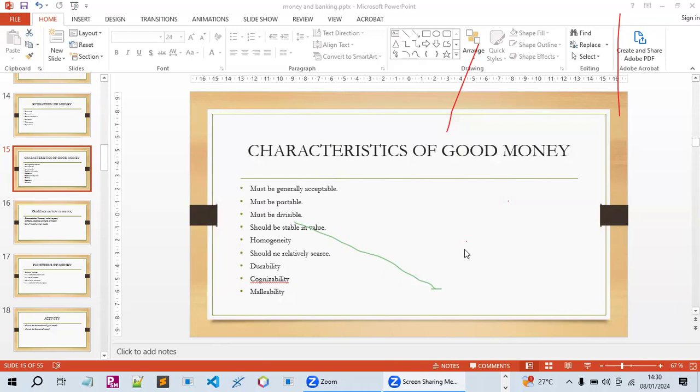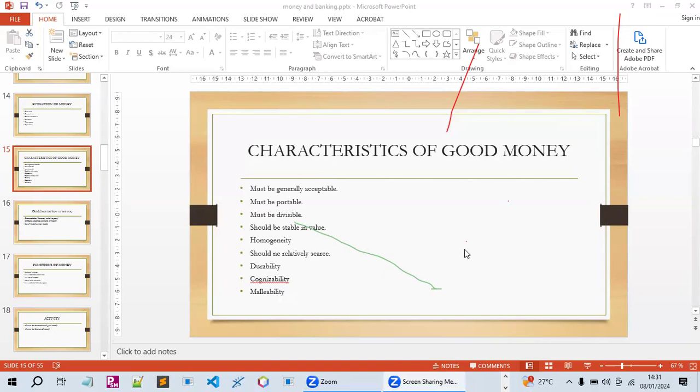For instance, a 50,000 shilling note is easily divisible into smaller notes. For example, you can have 10,000 shilling notes for a 50K, or 2,000 shilling notes could make up a 50,000 shilling note.